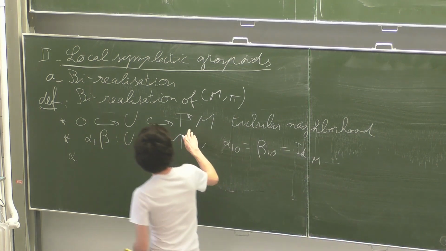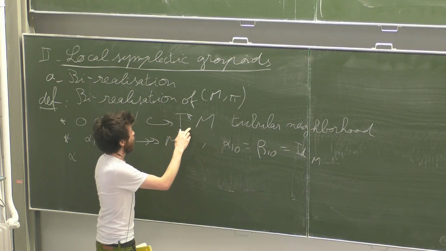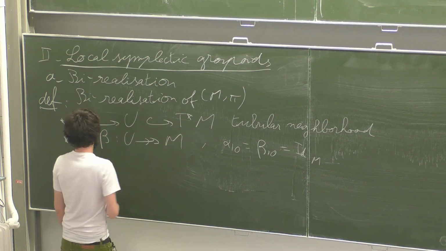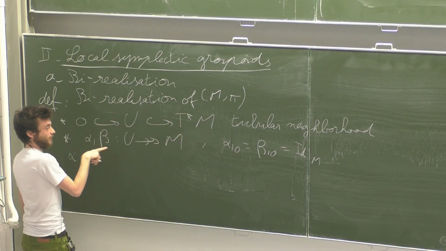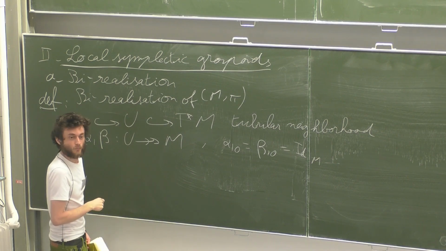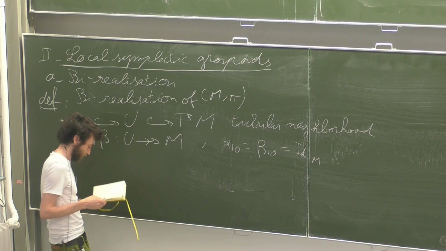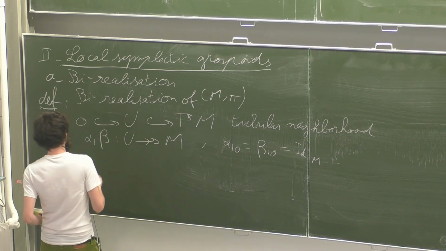And on T star M, you have a Poisson bracket, and you have a Poisson bracket on M. So you can ask alpha and beta to be Poisson morphisms, and an anti-morphism is just a morphism with a minus. Alpha Poisson.